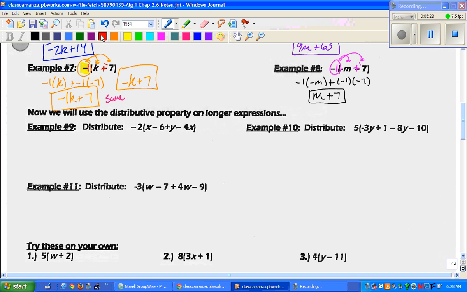All right, now we're going to use the distributive property with longer expressions. Notice that's what we're going to be distributing.